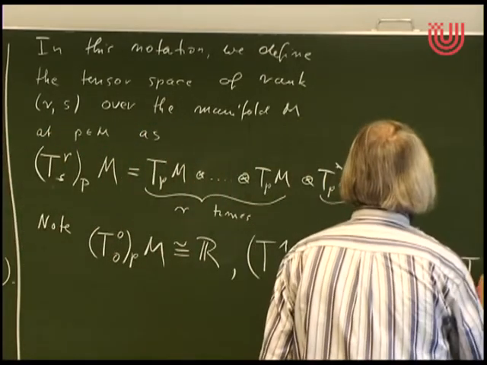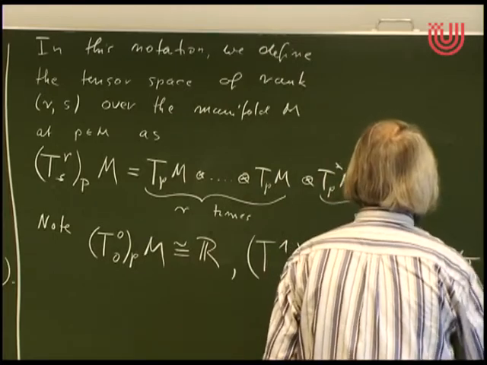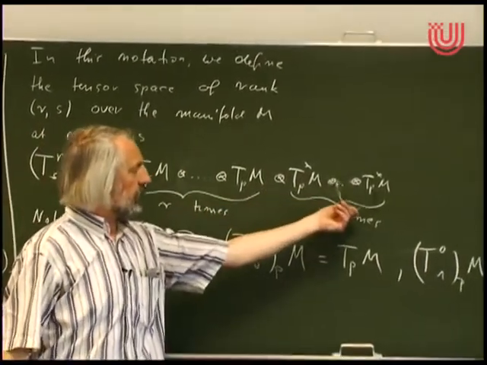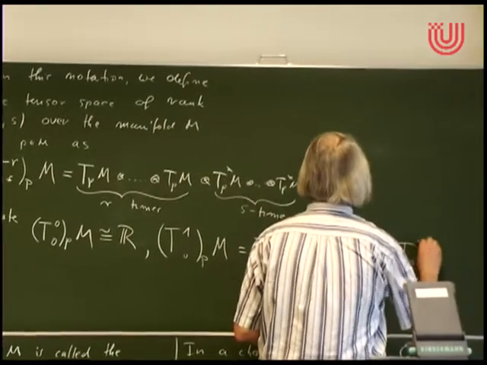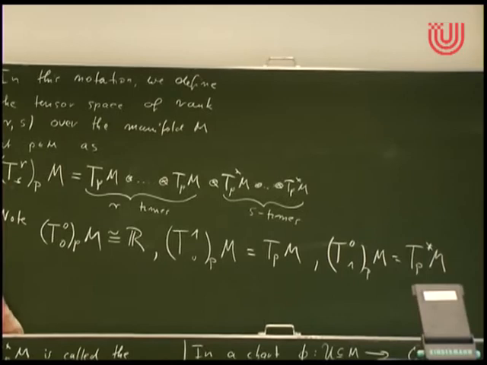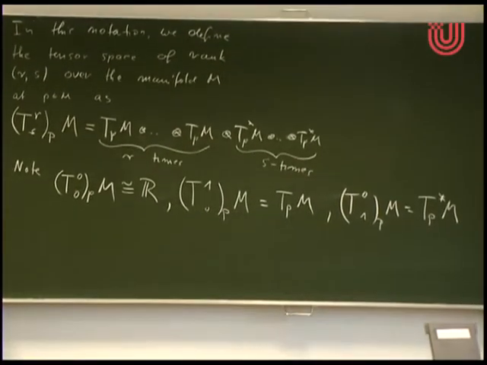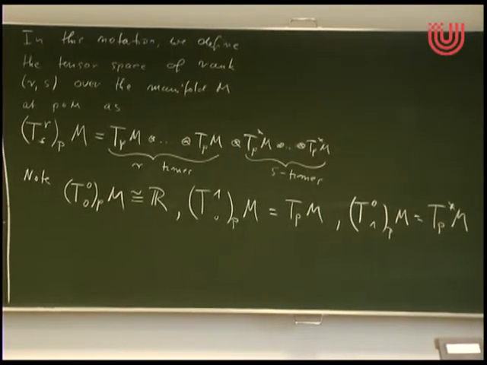And if I do it the other way around, with the 0 upstairs and the 1 downstairs, then I have nothing, nothing, nothing, and then one factor T_p*M. So this is just T_p*M. So a (0, 1) tensor is just another word for a covector. So the notion of a tensor generalizes the notion of vectors and covectors.